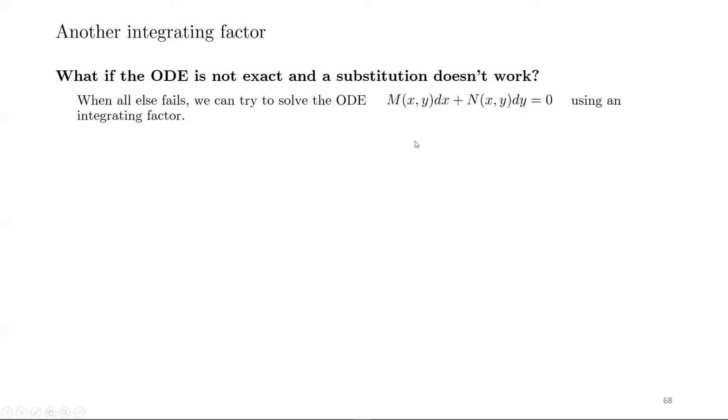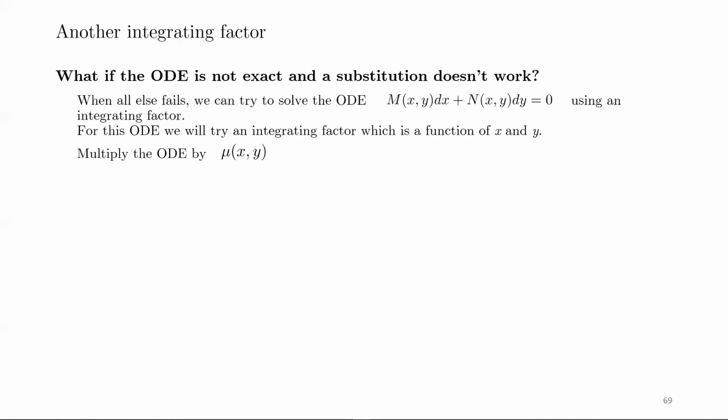The idea is that, well, let's say that we know that this is not an exact equation and nothing else has worked either. So we know that the derivative of M with respect to y is not equal to the derivative of N with respect to x. It could be possible that I could multiply this equation by a function that makes this an exact equation.